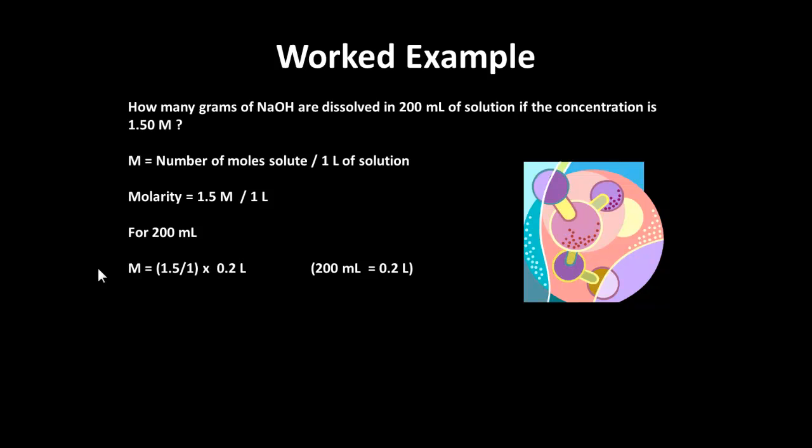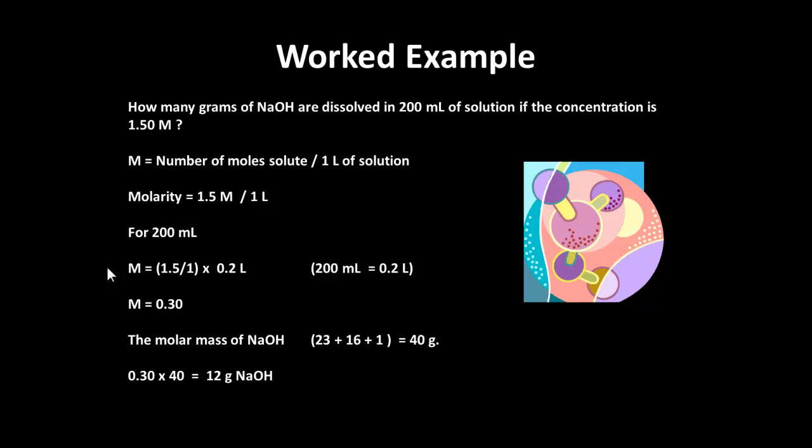So for 200 mils, we're looking at 1.5 over 1 multiplied by 0.2, which will give us 0.30. So the molar mass of NaOH is 23 plus 16 plus 1, which is 40 grams. So 0.30 times 40 is 12 grams of sodium hydroxide.